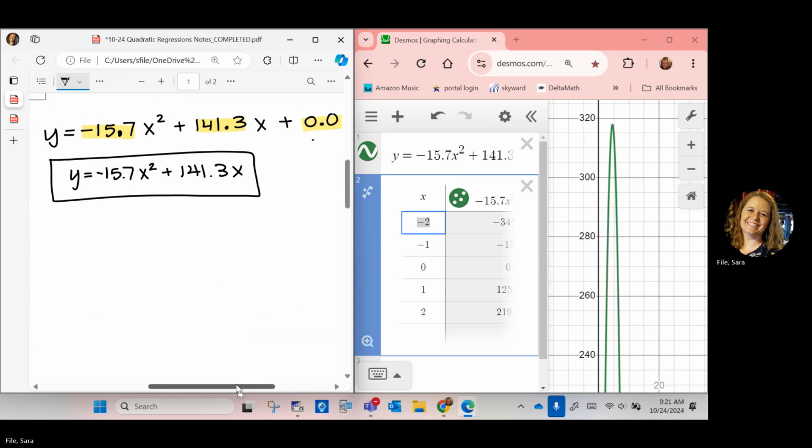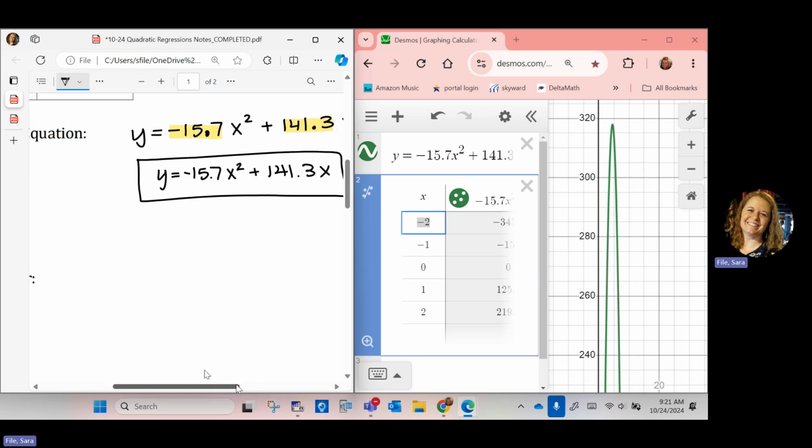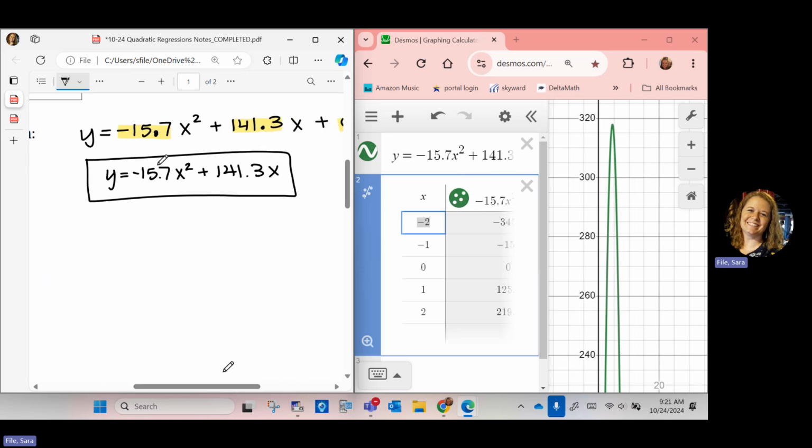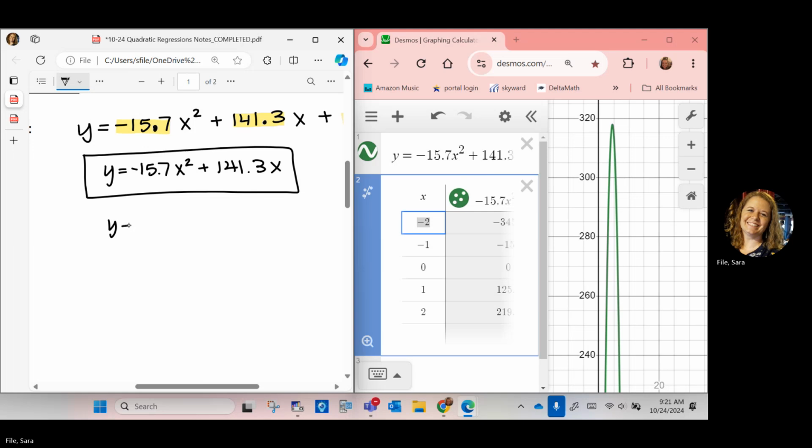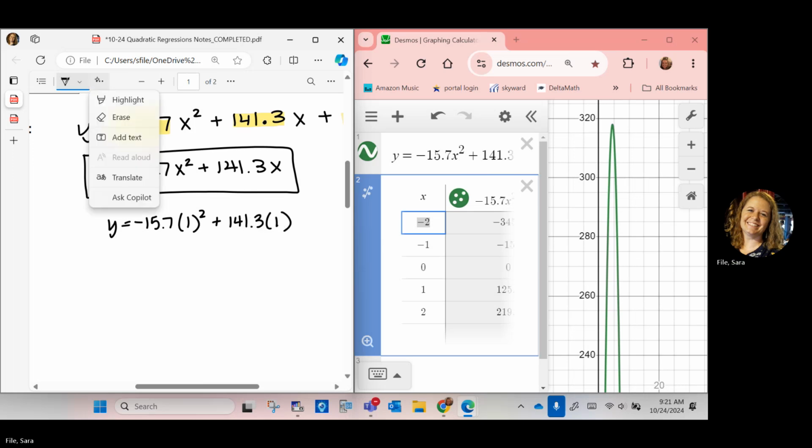Okay, so you have a couple of ways to answer this. You can just plug in a 1 for X and calculate. And I can type that in Desmos and calculate it.